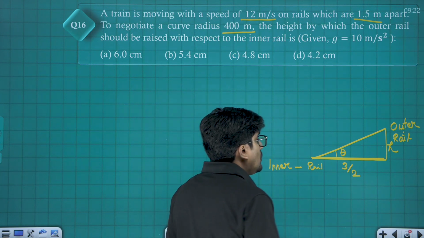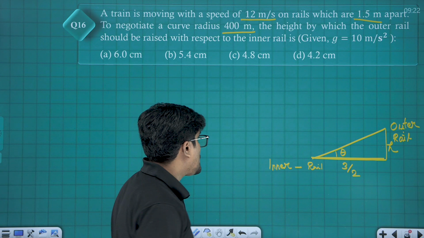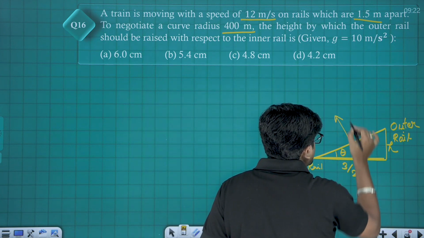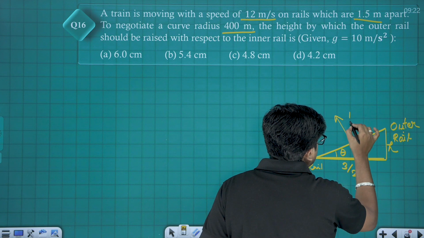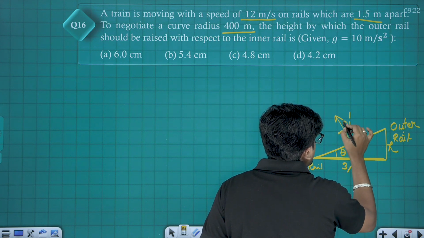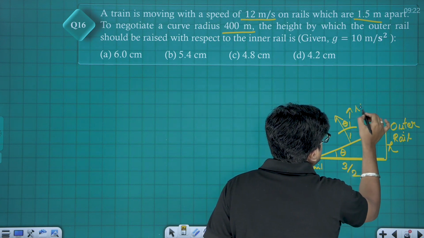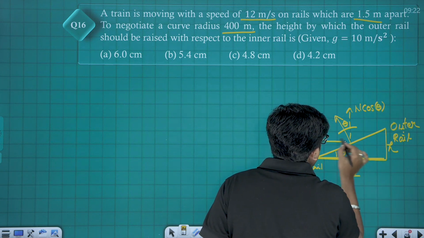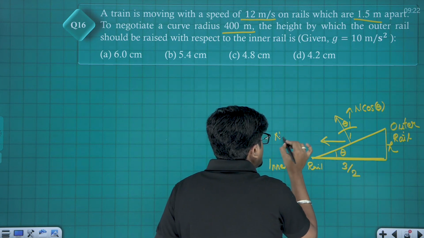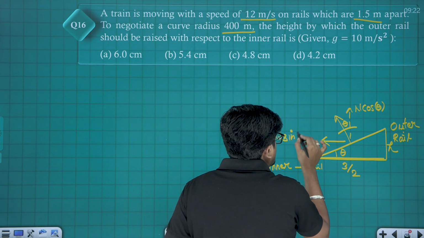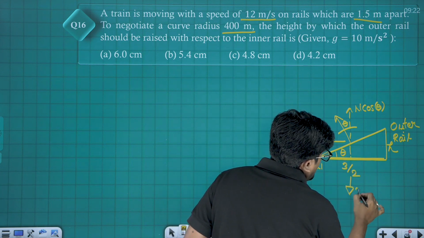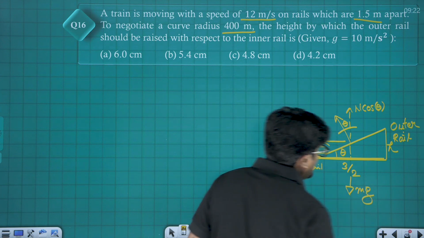Now what is tan theta? We all know that in this case the normal reaction is going to be this. If this angle is theta, this one is also going to be theta. Here this is n cos theta, and here this is going to be n times sin theta, and this is going to be balanced by the weight m into g.